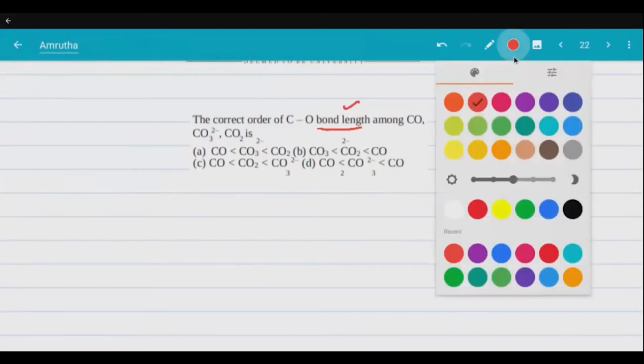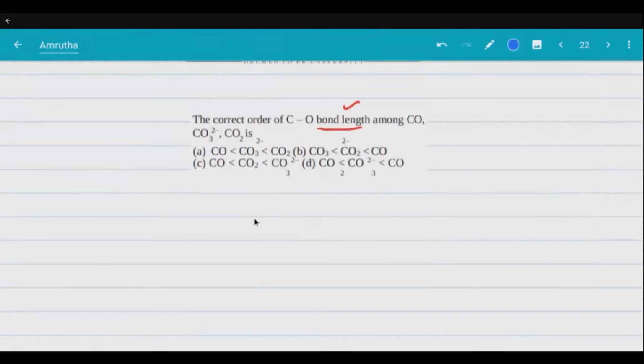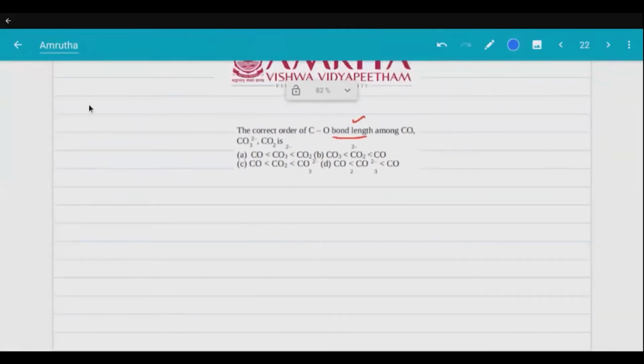What you should know is the relation between these bond parameters. We have three parameters. One is bond order. What is bond order? Just now we discussed, it is the number of bonds. Next, bond length. Next one is bond strength.